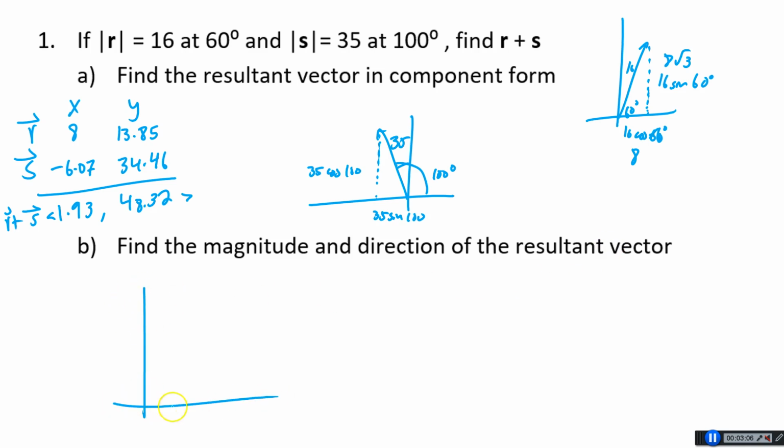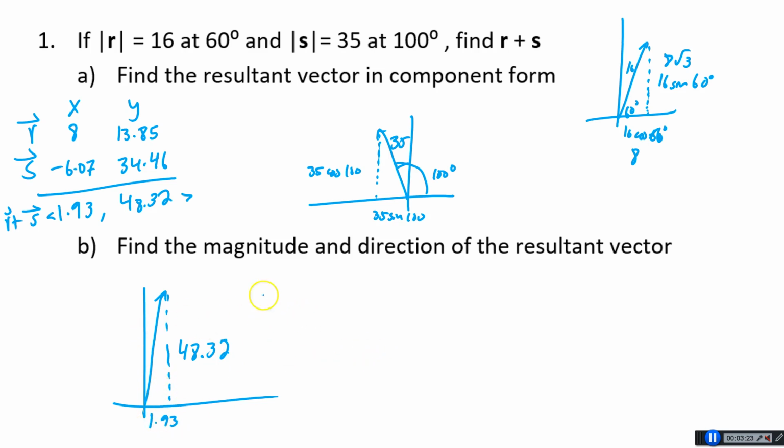So if I'm at 1.93, that's barely out, it's mostly up, right? So 48.32 is my y, and my x over here is just very small, 1.93.